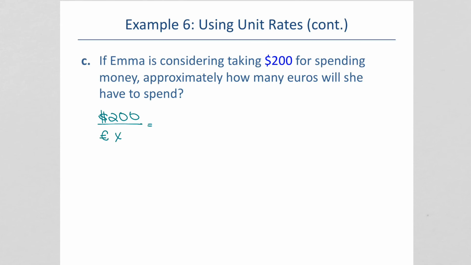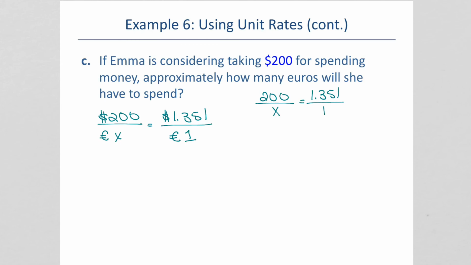I'm going to use the first one. We know that 1.351 American dollars is equal to 1 euro. And so we've got a proportion that we can solve.